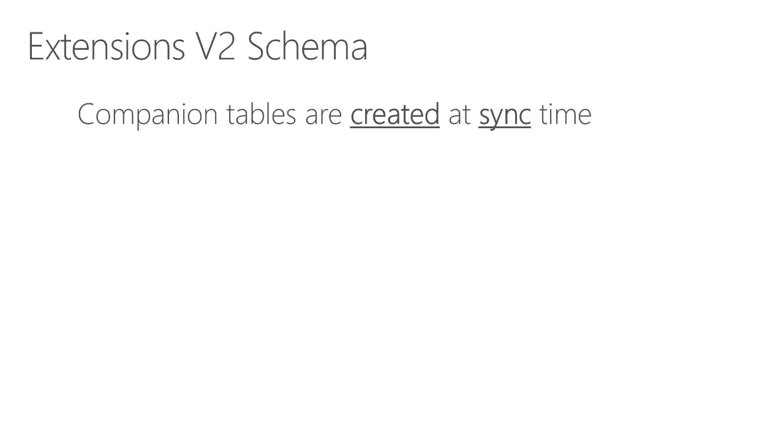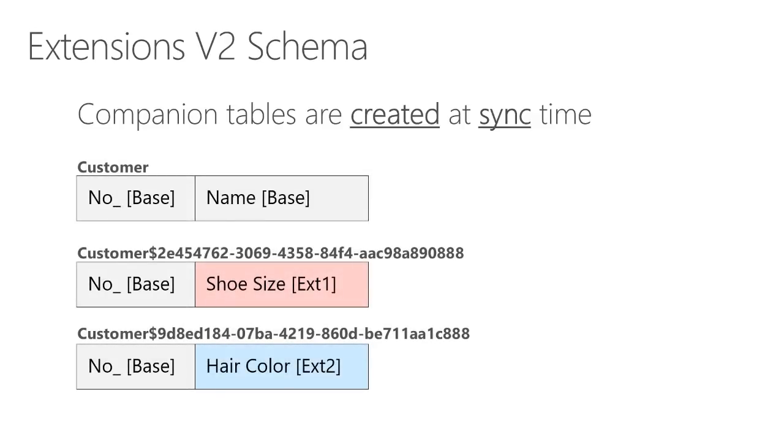What that looks like is, for instance, the customer: you have the number in the base, you have the name in the base, and you have an extension companion table, that's the second line. The red one has customer, dollar, and then this funky number. The blue one has customer, dollar, and then a different funky number. They both have the same primary key as the base table, only they have those additional fields for those additional apps.